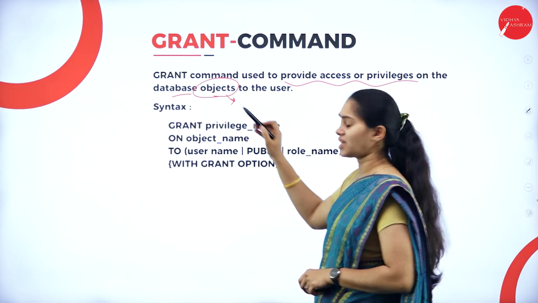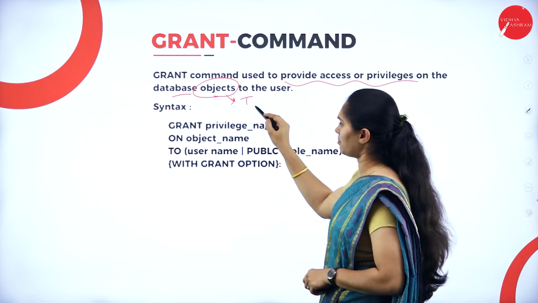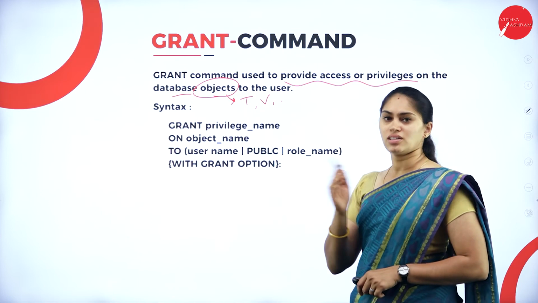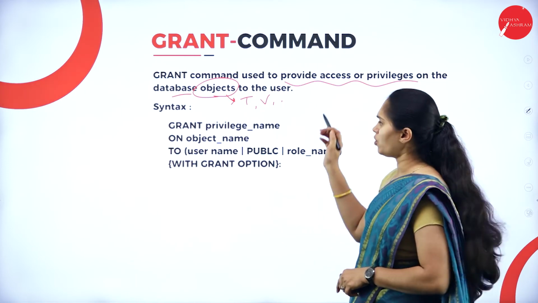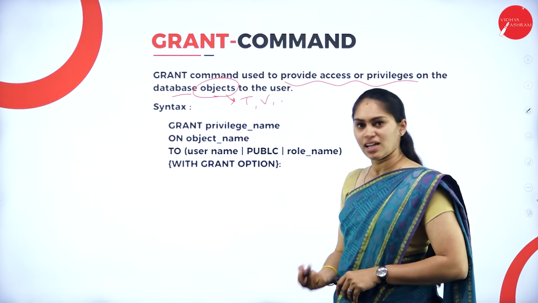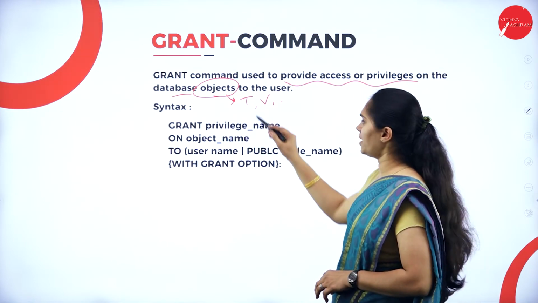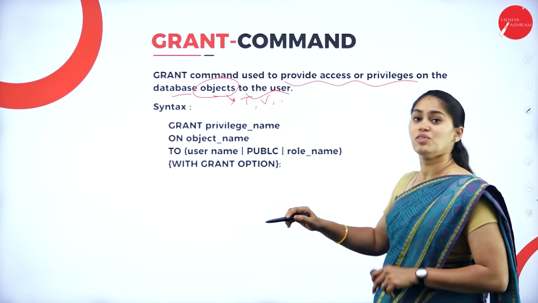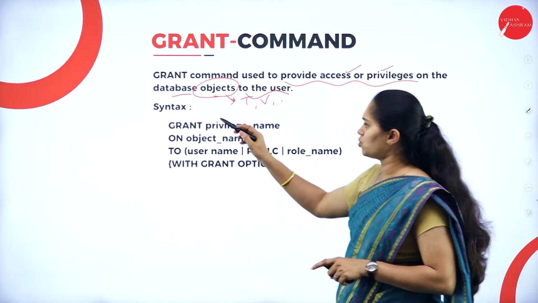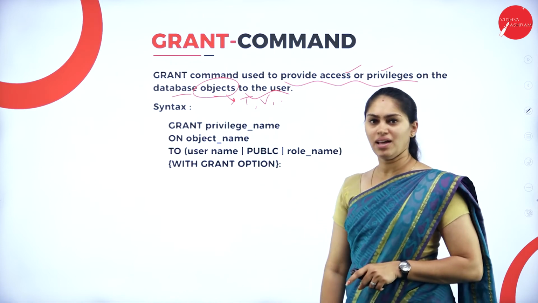Objects can be, as we already know, a table, views or virtual tables, and a combination of tables. Whatever the object is, even a database, a table or a view, we provide accessibility and privileges to the user in order to access that database object.